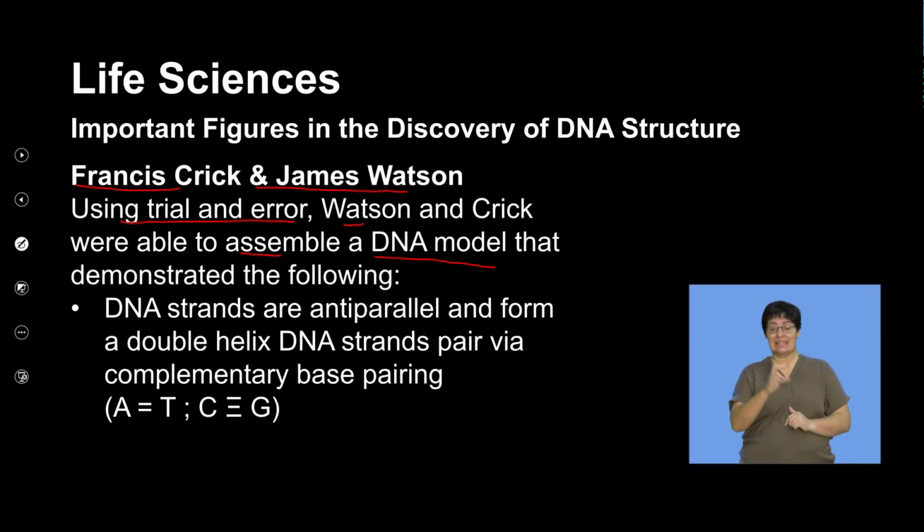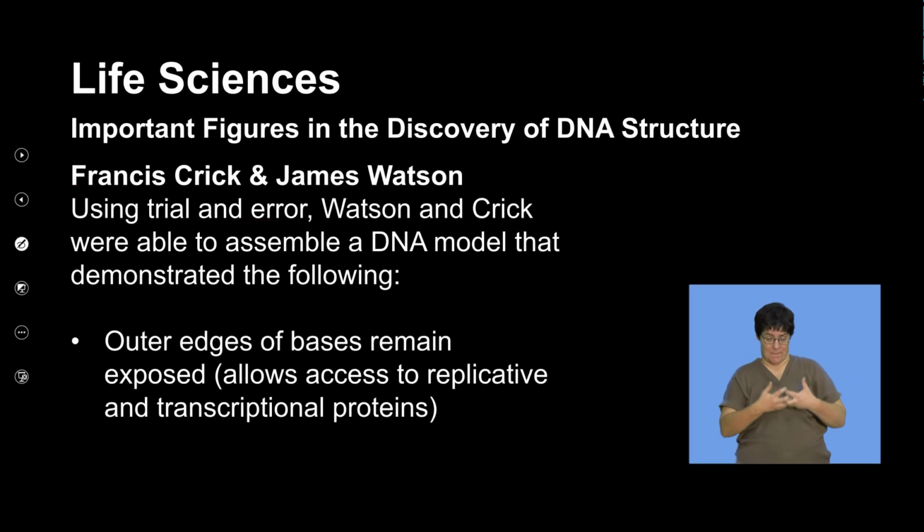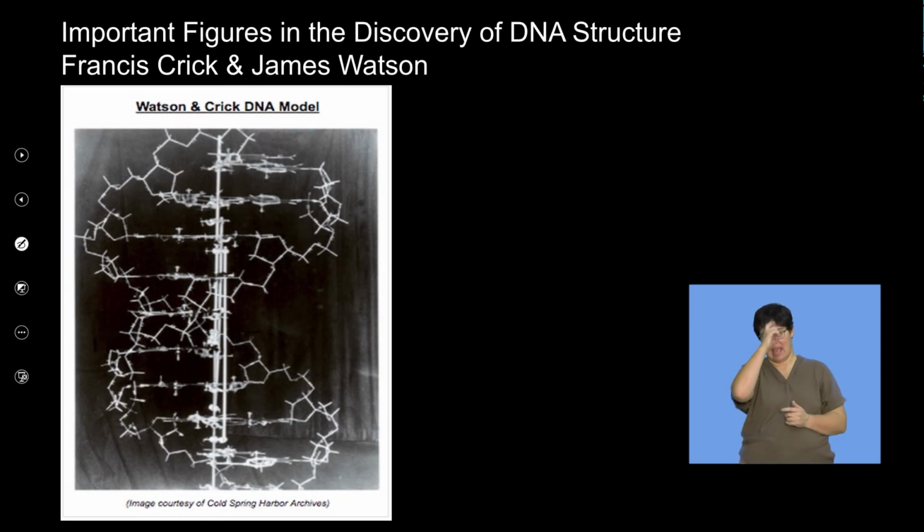They mentioned that DNA was a double-stranded molecule. It contained two strands that were anti-parallel. It was made up of complementary base pairs, and using that information, they put together this image and this model that we see here. And this model was recognized as the most appropriate and correct scientific display of the DNA structure.